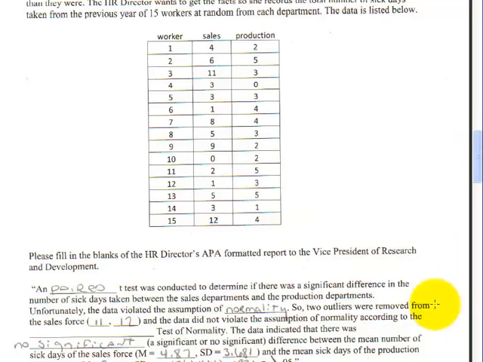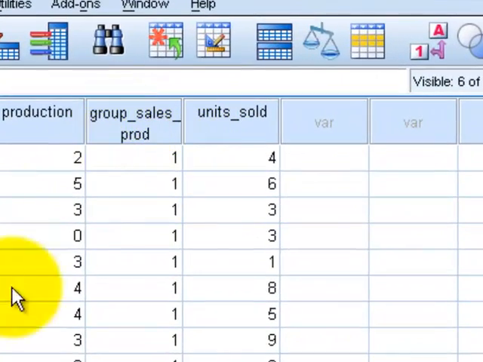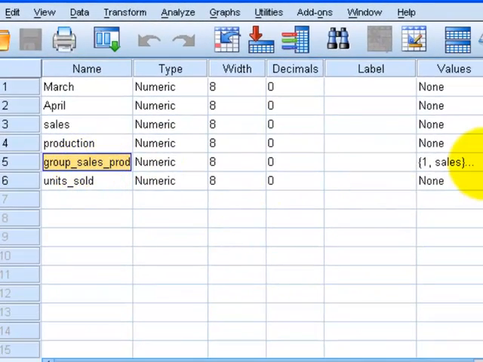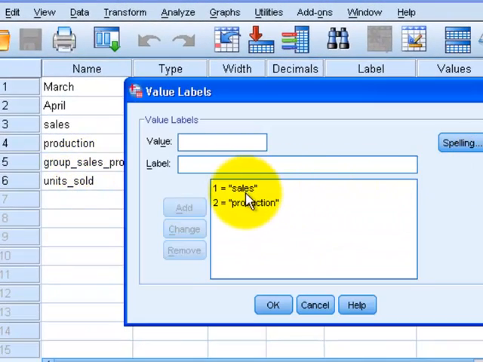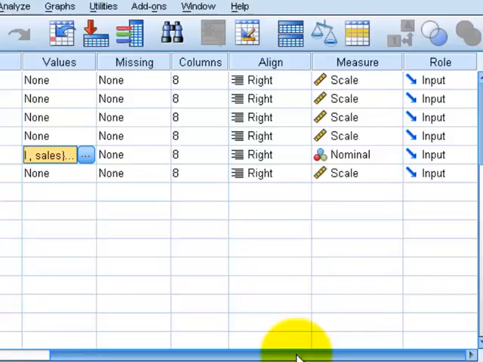And I'm going to go ahead and run that for you real quick in SPSS, show you what it looks like. You would have to put the data in a different format. Let's go back to this thing, right? With the independent t-test, you need that grouping variable. So I called it group sales. I called one sales and two production, and I had to make it a nominal variable.